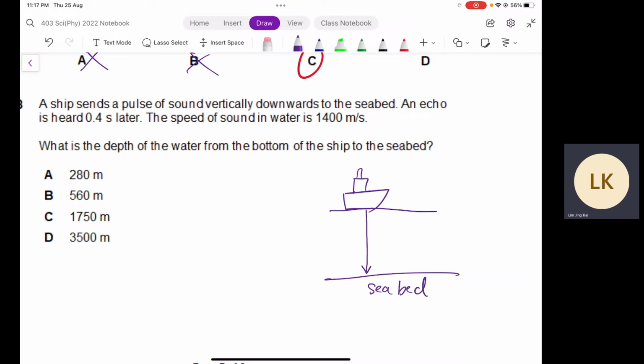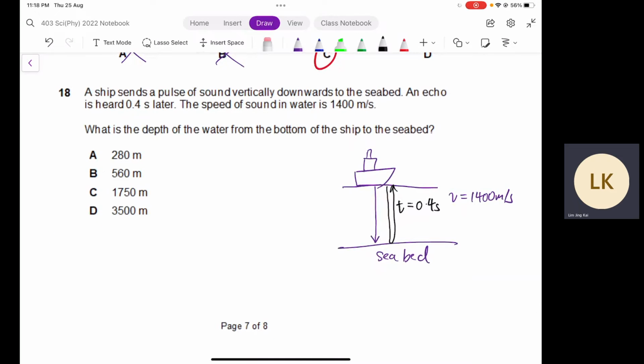We know that the speed of the sound in water is 1,400 meters per second. The time for the sound to travel from the boat to the seabed and back up is 0.4 seconds.